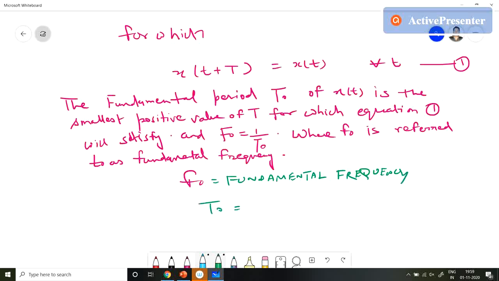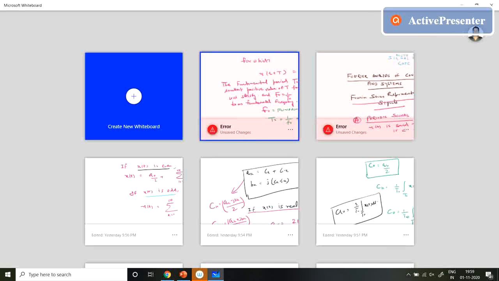And T naught is equal to 1 divided by f naught. It is called the fundamental time period.